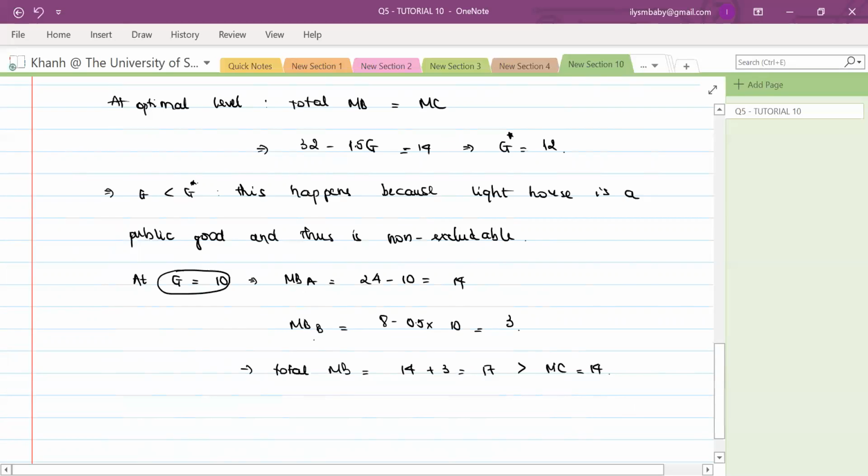Because she can free ride, she is actually getting a benefit, but it's not taken into account when we calculate a competitive equilibrium. So Beatrix can free ride.